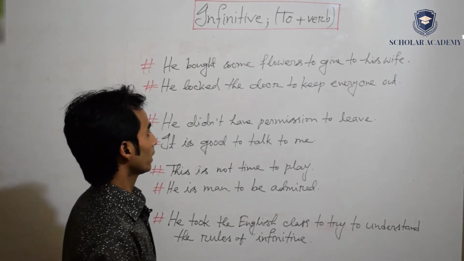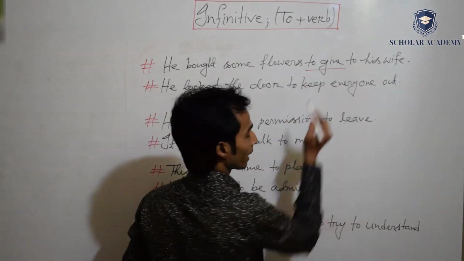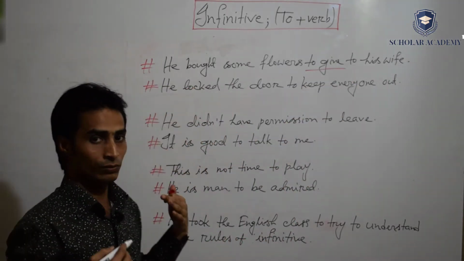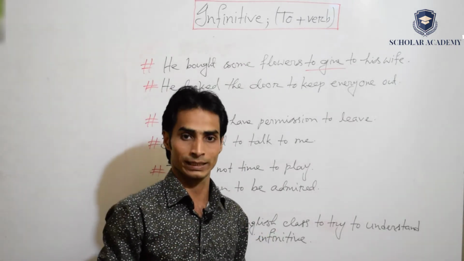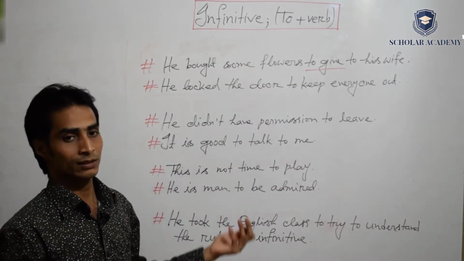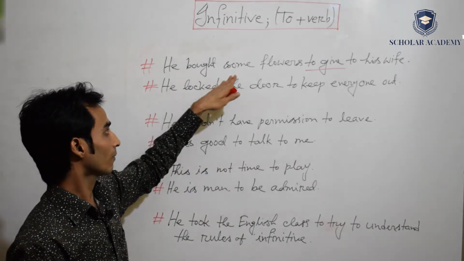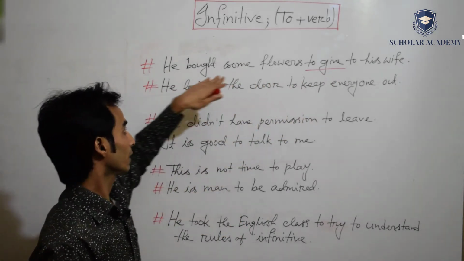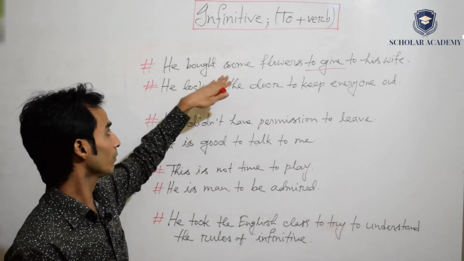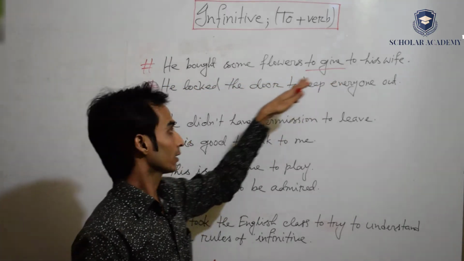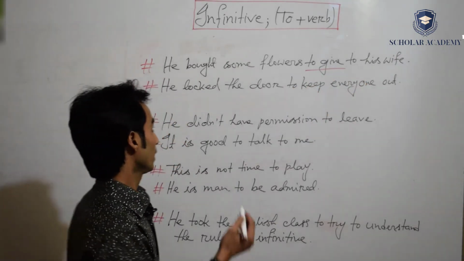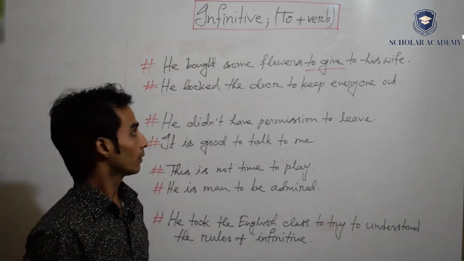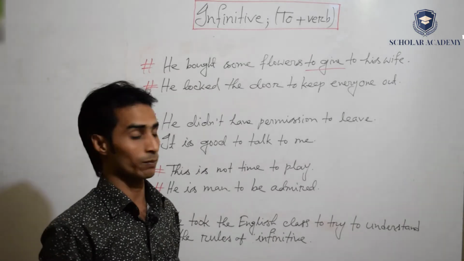Here to give is an infinitive, and if we ask a question with why, we get the reason. He bought some flowers, why? The answer is to give to his wife. So infinitive can be used to express the purpose.